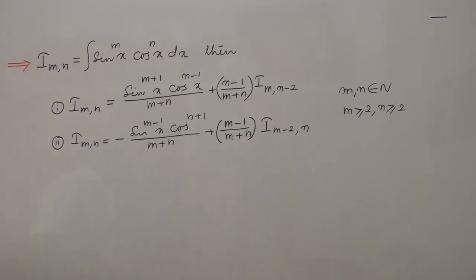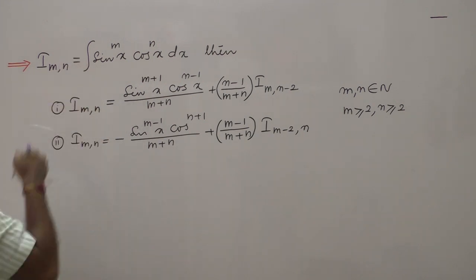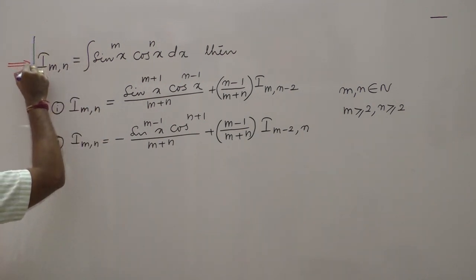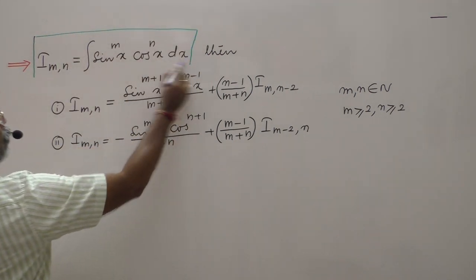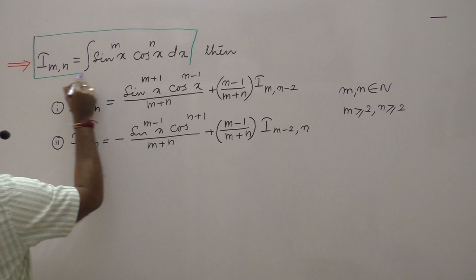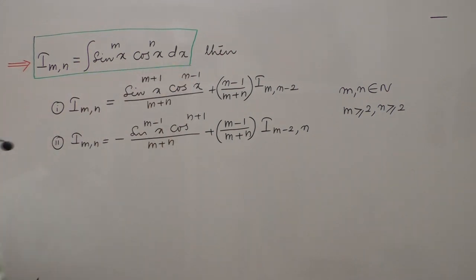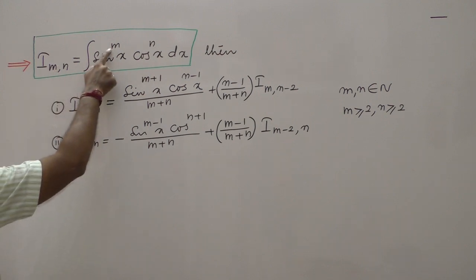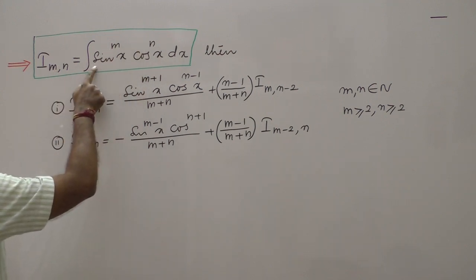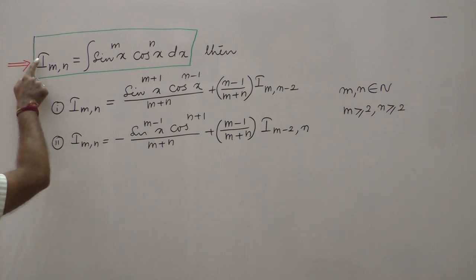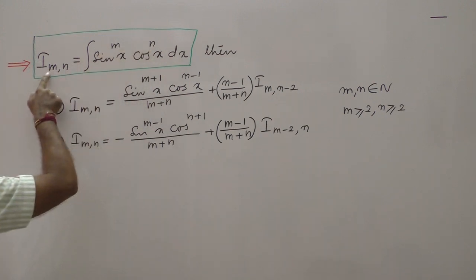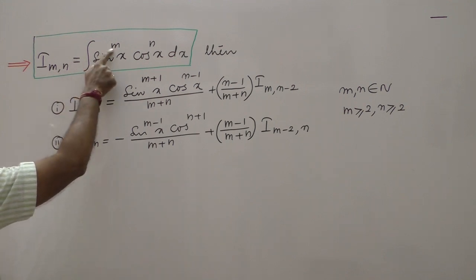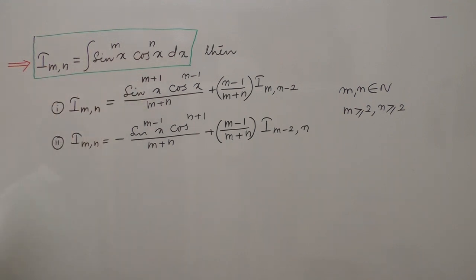This is the reduction of sine power m x and cos power n x, sine and cos. If we denote the integral of sine power m cos power n by I_mn, that means with these powers, I_mn means sine power is m and cos power is n.